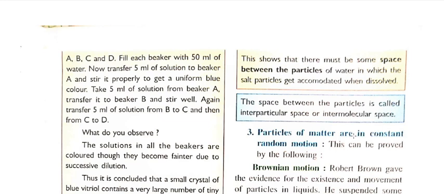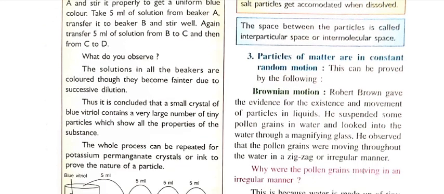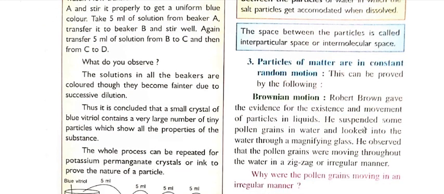Now we have another activity going on here. Please follow the cursor. One of the experiments was done by Robert Brown. Robert Brown was an English scientist. Now check this experiment and what Robert Brown observed in his experiment.